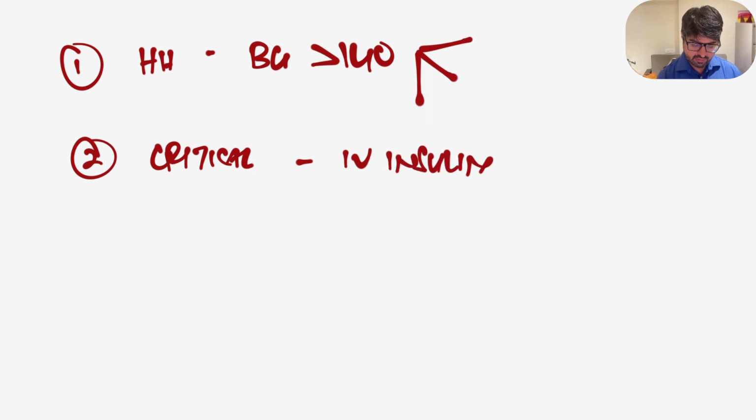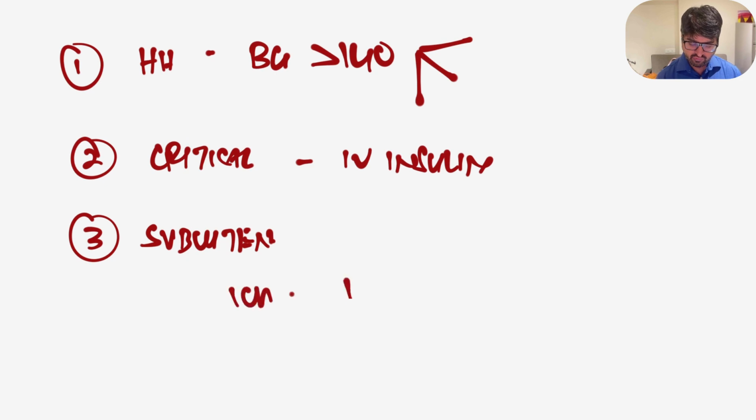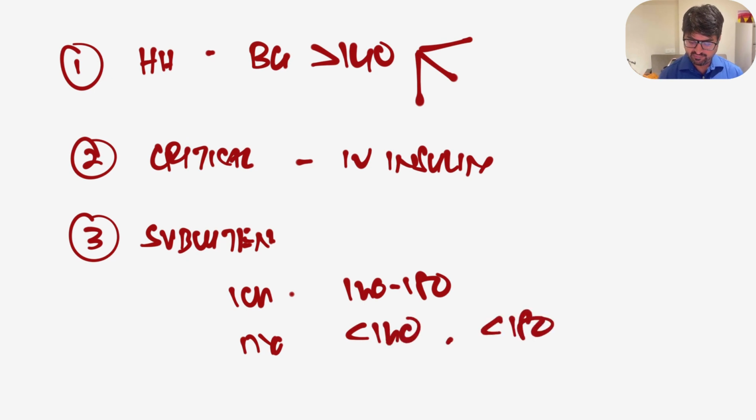In a non-critically ill patient, you give subcutaneous insulin. The target in an ICU setting should be 140 to 180. In a non-ICU setting, it should be fasting less than 140 and post-meal less than 180. So this is the broad summary of what we discussed. We also discussed the formulas for calculating.